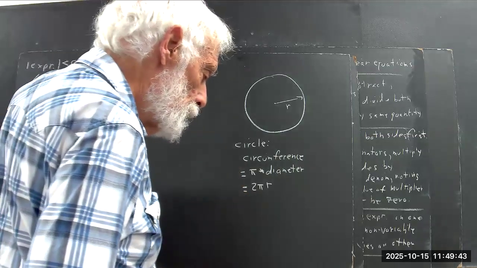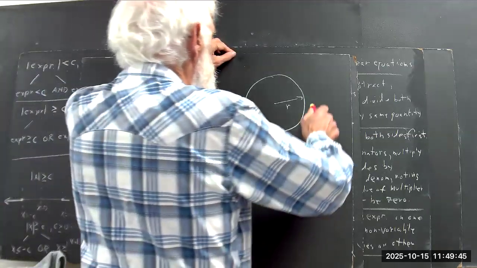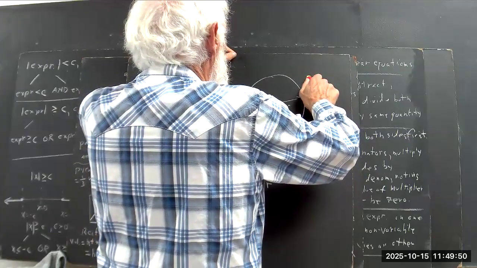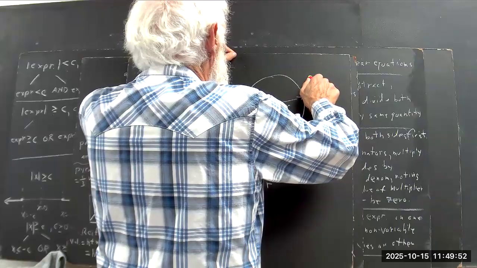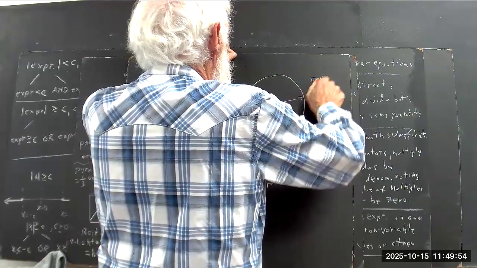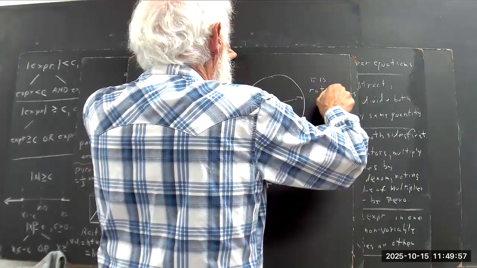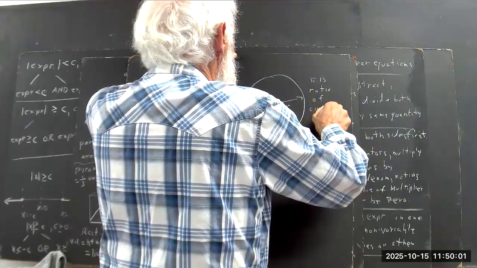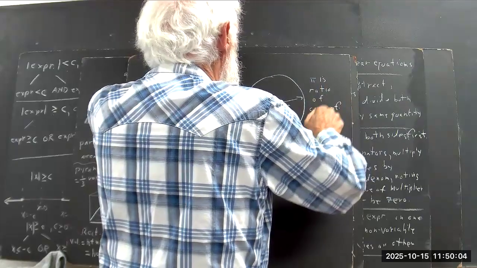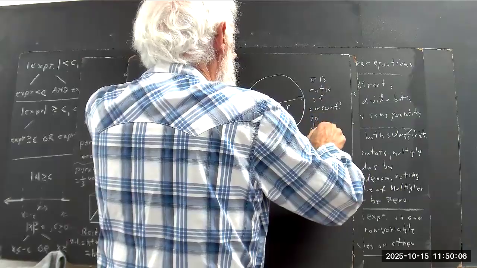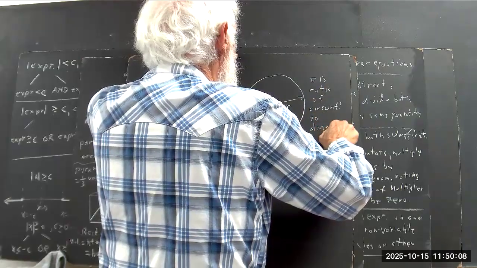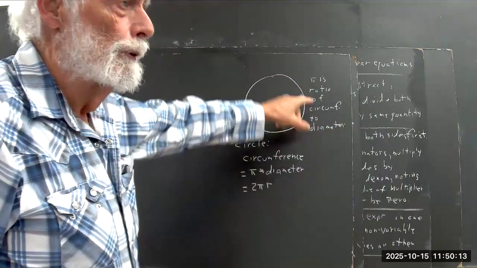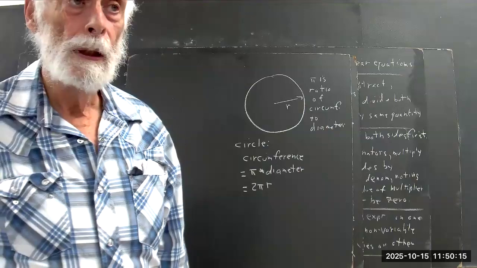And the first thing you got to know about a circle, at least the first thing I'm going to tell you about a circle, the first thing you want to understand is this is what pi is. You need to know the definition of pi.